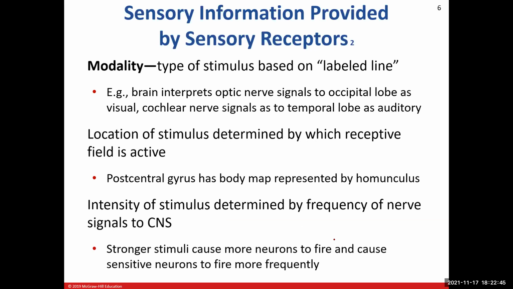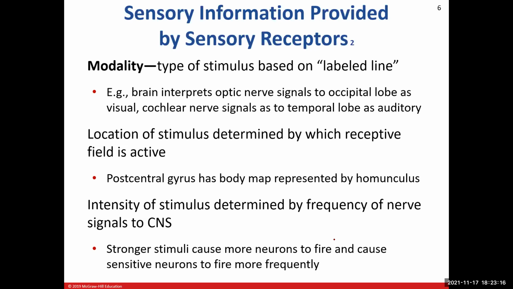If it goes to the insula, then we know it's a taste stimulus. If it goes to the temporal lobe, we know it's smell or hearing. If it goes to the somatosensory cortex in the parietal lobe, then we know it's a tactile or touch stimulus. So the type of stimulus is dependent upon where that nerve signal is going to travel to.